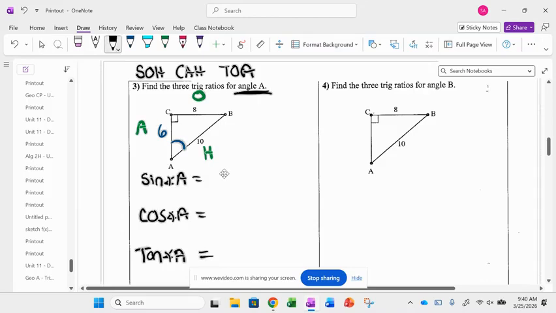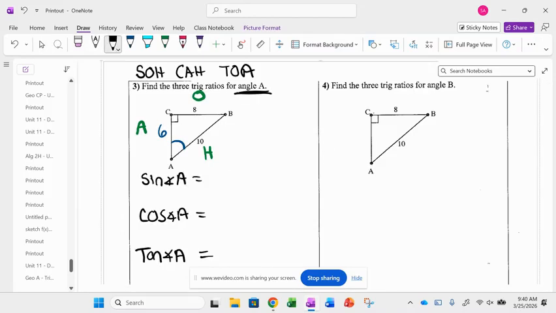Leilani, what is the sine of angle A? You got it. But guys, because it's written as a ratio, which is a fraction, what do we always have to do to fractions? Reduce them, right? So I'm not allowed to leave it as 8 over 10. What do I have to do? Simplify. So that becomes 4 over 5 because I divided top and bottom by 2.